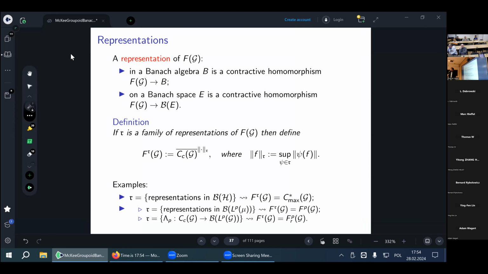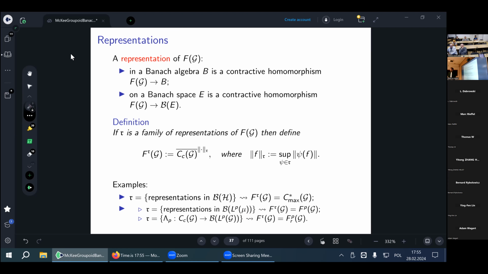In general, you cannot be sure that this supremum is finite. And we know why. What do you know about your family? What guarantees that this supremum is finite? If not, it's not a norm. Isn't f compactly supported?